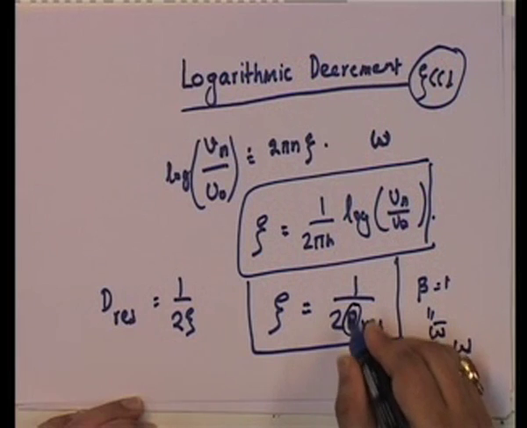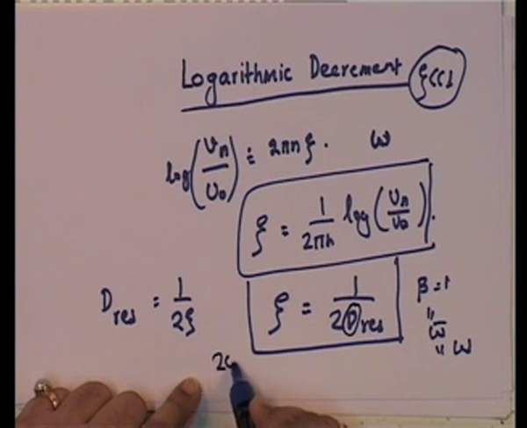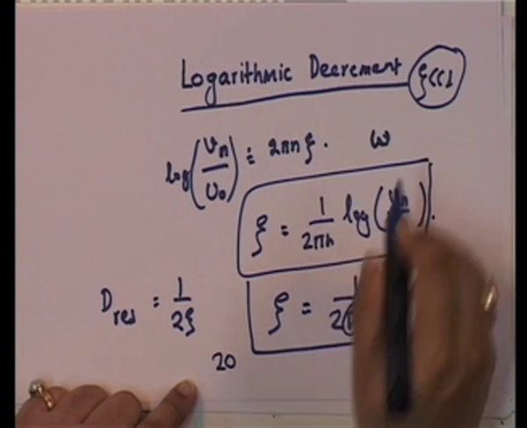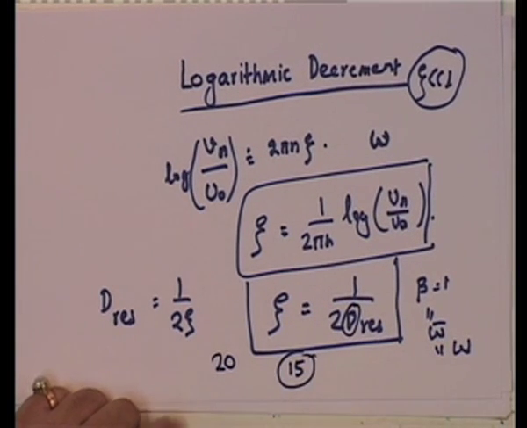If you move fast through it, getting the value of D becomes a problem. For example, let us say it is 20, and at 20 it is impossible. So we go so fast through it that the peak value we get is 15. Think of the error in the xi value.